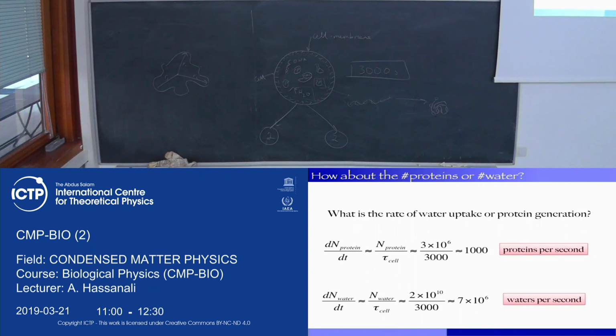Okay. You know, that's very, very efficient. So what is it that allows for such efficiency? If I just assumed that water molecules were undergoing a Brownian random walk, would this be the timescales that you could achieve to generate a new cell?